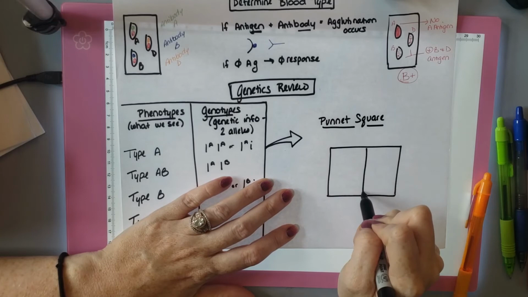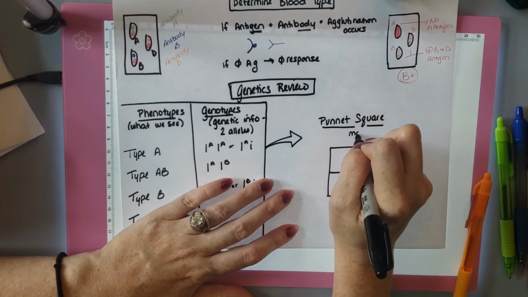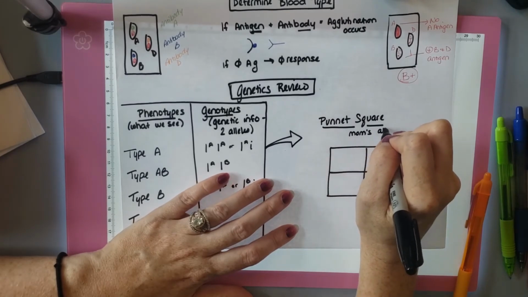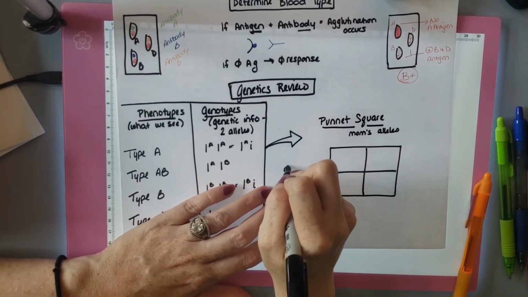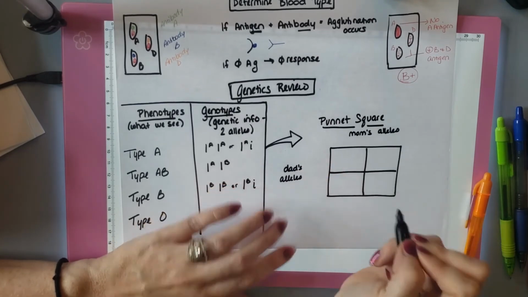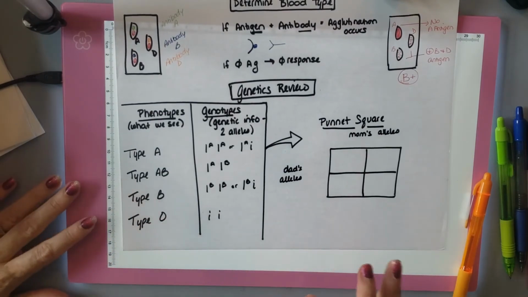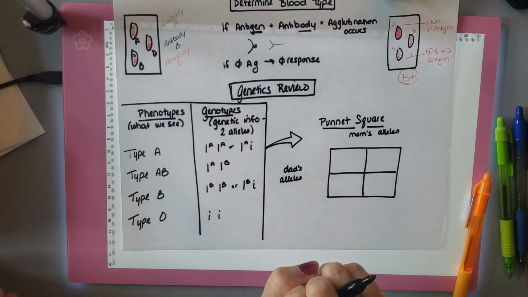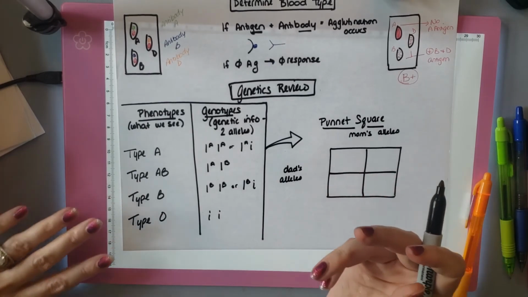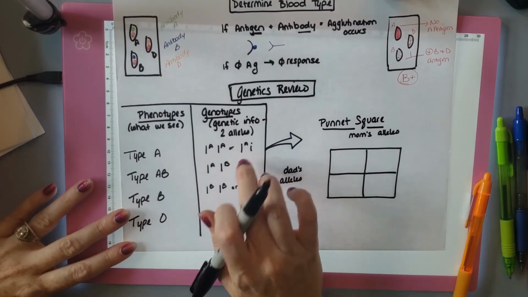looks like this. Neat. So then you put mom's alleles up here, and you put dad's down here. Okay? So let's say that the patient or the person in question is, I don't know, let's pick this one and this one.